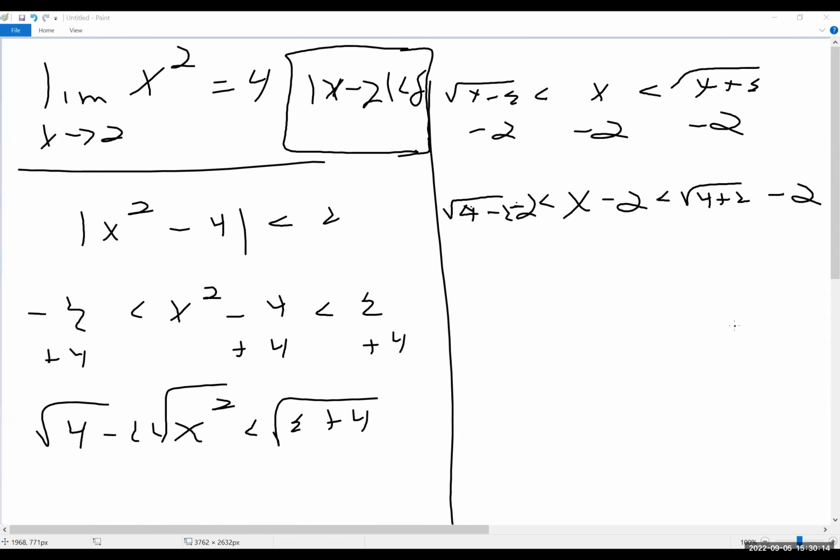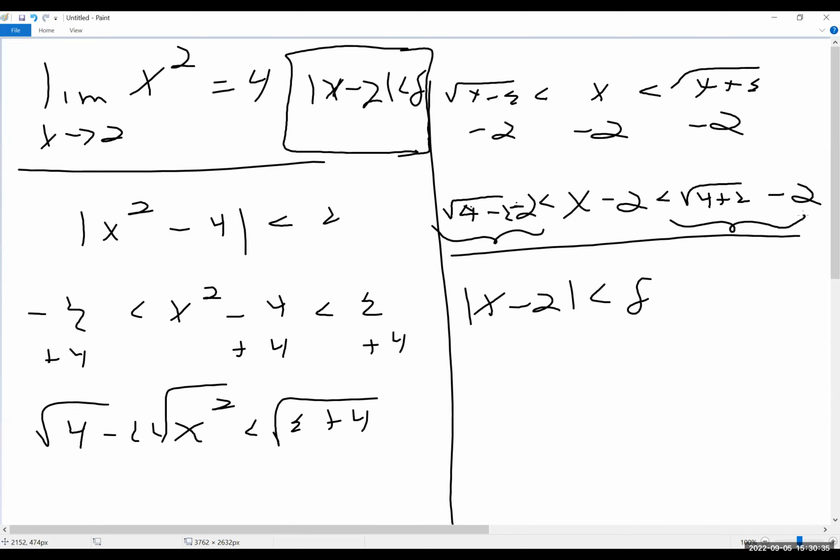Okay, so now going back, I think we're ready for the proof part now. So we're gonna go with our assumption, which is that this is less than delta. And we actually have two choices for delta. They're both of these that we already selected through this process of scratch work.